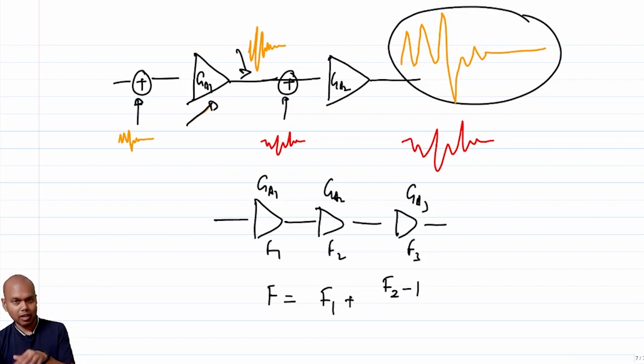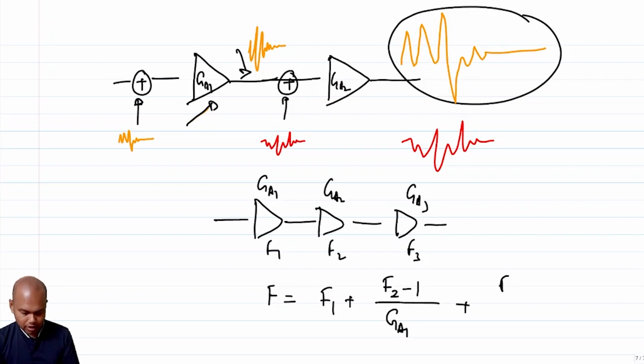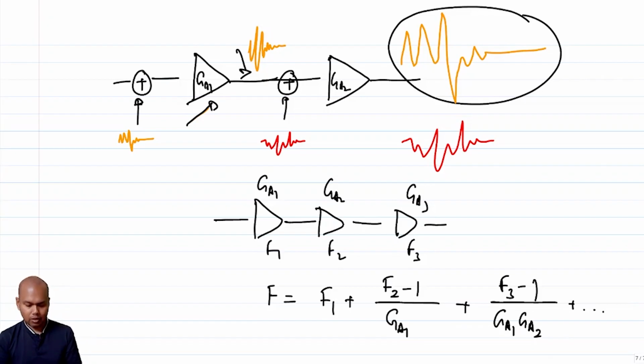Why that minus 1? The minus 1 takes out the effect of the source and only gives you the noise contribution by that block, divided by the gain of the first stage, plus the noise contribution of the third block divided by the combined gain of the previous two stages, and so on, right?